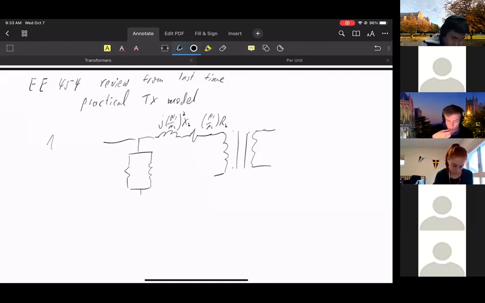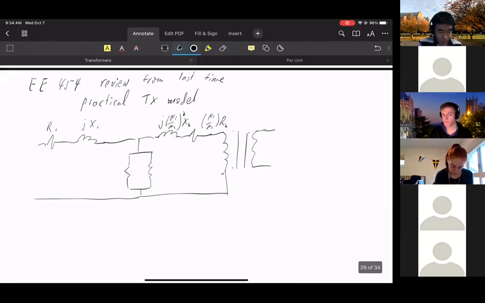Then we have the primary side resistance and reactance. Okay, so this is our practical transformer model, and you can think of this as the full model of the transformer. We have not made any assumptions or any simplifications at this point.